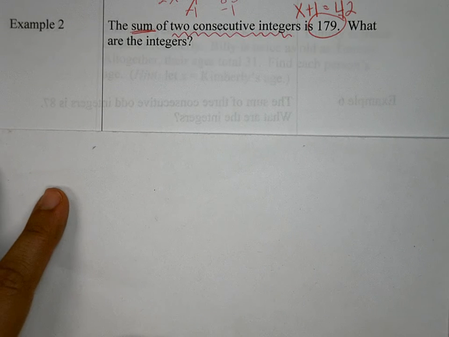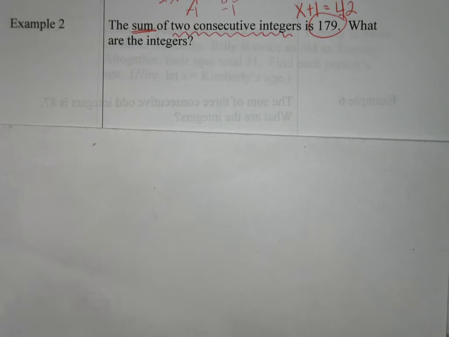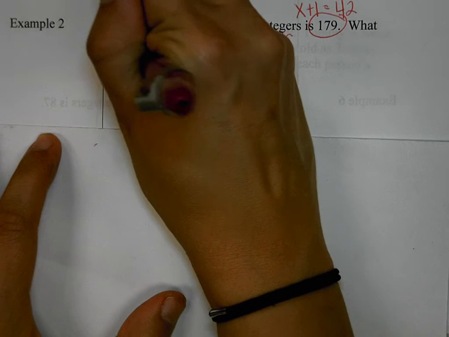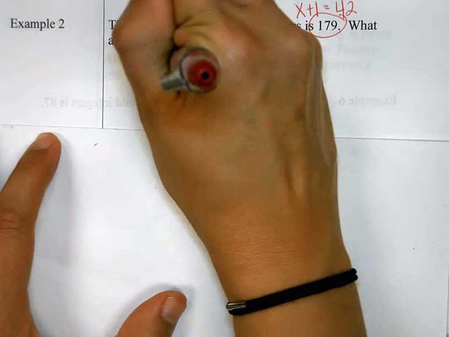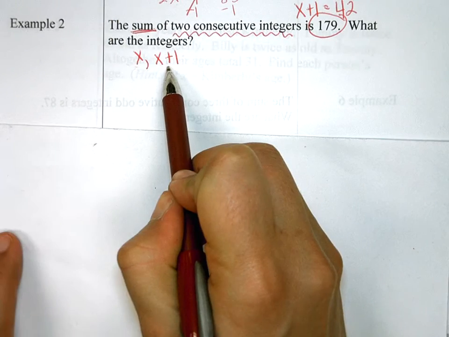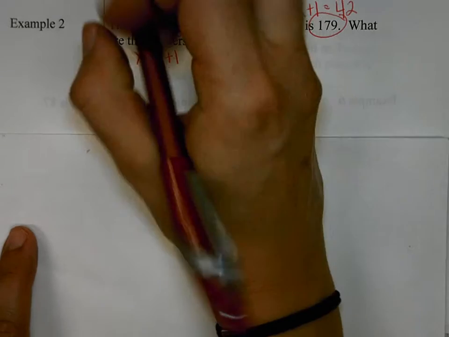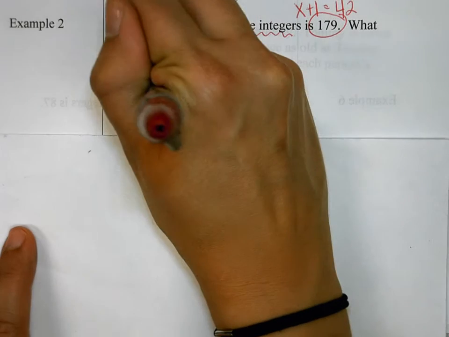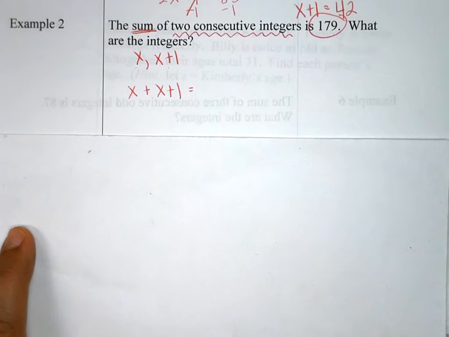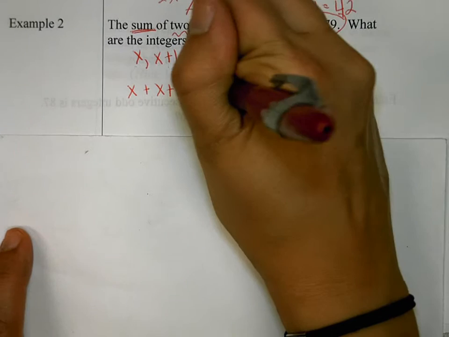So since I'm looking at consecutive integers again, this is basically almost exactly the same as example 1. So my two integers, we don't know what they are yet, so I'm going to call them x, and the next one is x plus 1. And what we want to do is we want to add them together, x plus x plus 1, and that equals 179.